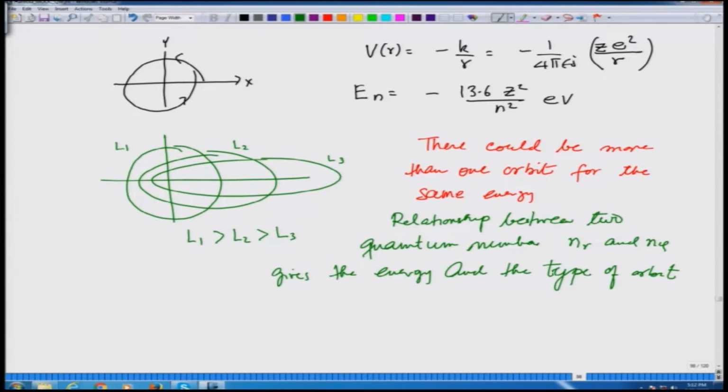So, this was kind of quantum mechanics being developed, still the old quantum theory.